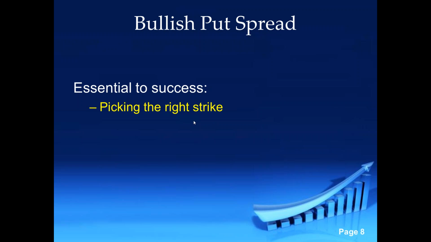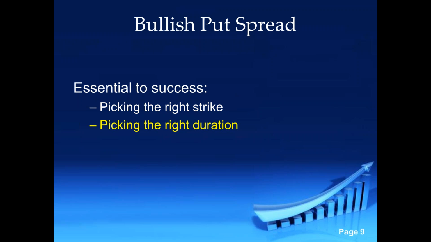So keep that in mind. 35 delta equals a 65% probability of it being out of the money at expiration, and you have about a 70% probability of the market coming down and testing that short put.